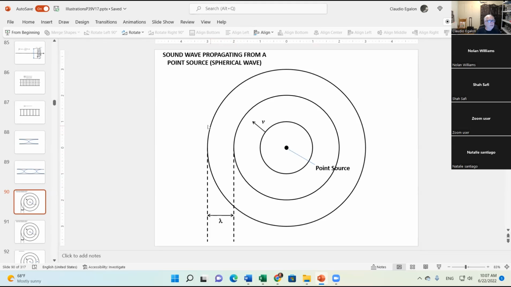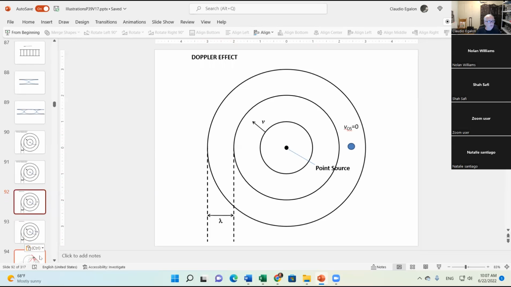Two nodes between the crests of the wave. Okay, so if you have here an observer, he is going to measure wavelength lambda.